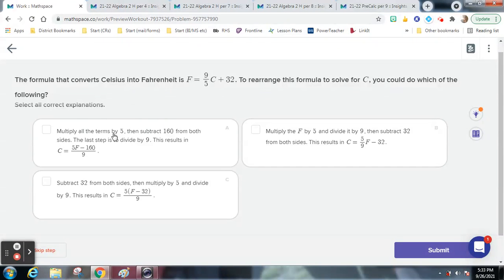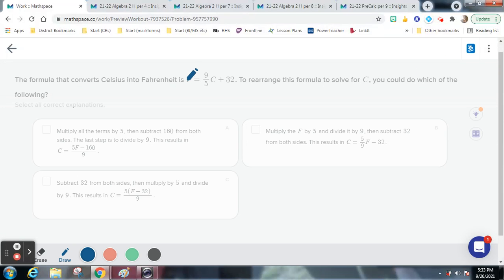Looking at our options here, let's read through some. First, it says multiply 5 to all the terms, then subtract 160 from both sides. The last step is to divide by 9. That is completely valid. I could get rid of the fraction by multiplying everything by 5.